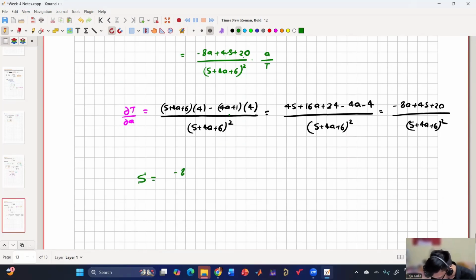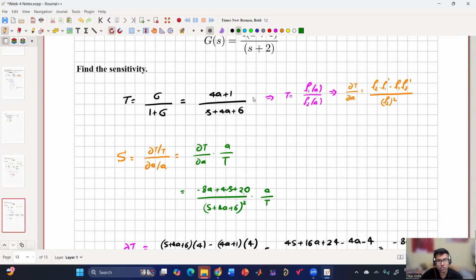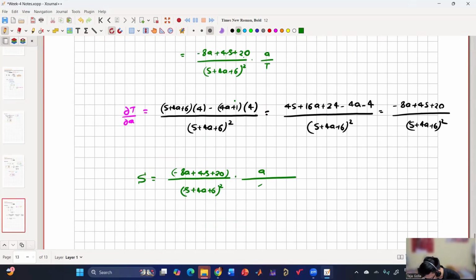So if I do minus 8A plus 4S plus 20 by S plus 4A plus 6 whole square, into A by, now T is what? 4A plus 1 by this term. So it is 4A plus 1 by S plus 4A plus 6. Now this will get cancelled with the square.